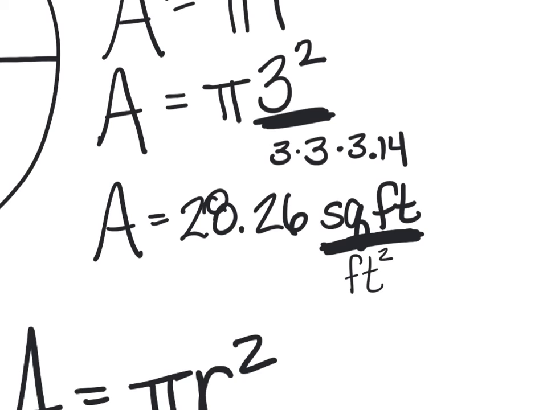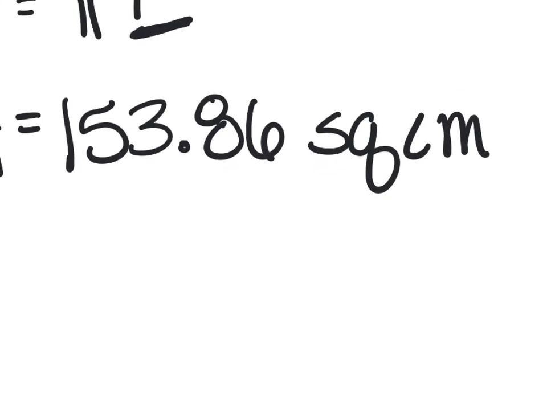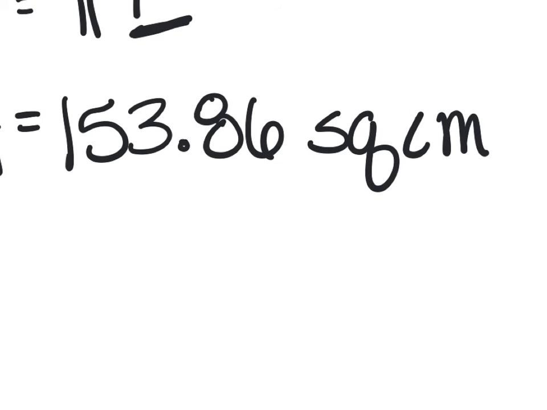So if this means square feet, I'm going to write it like that just to make you remember that it's actual squares on the floor. Are we good? So on this one, if you want to write your answer like they really do it in real life, you would write it like that, square centimeters.